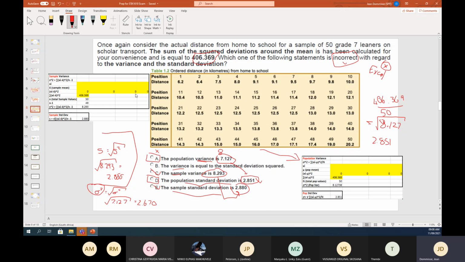Because on a big data set like this, they will give you the squared deviation. They won't expect you on a big data set like this to actually work with Excel, because not everybody has Excel. You don't always have access to it.